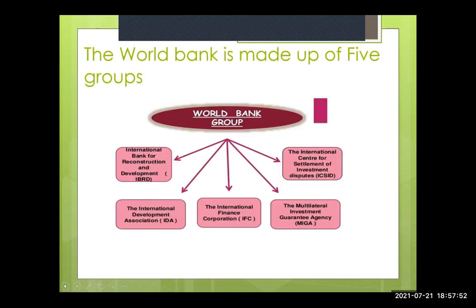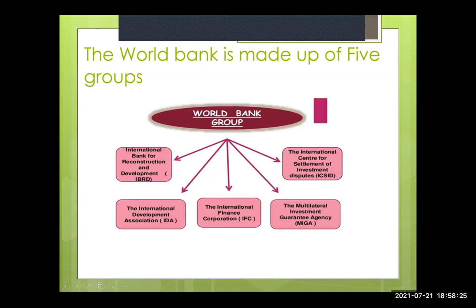Oh, all right, sir. All right, so the World Bank is made up of 5 groups. Right, so there's a chart right here. So you have the International Bank for Reconstruction and Development, that is the IBRD. The International Centre for Settlement of Investment Disputes, ICSID. These abbreviations might not seem foreign to you guys, because we might have started seeing them probably on the news and so on and so forth.